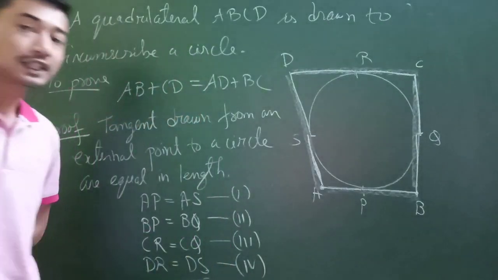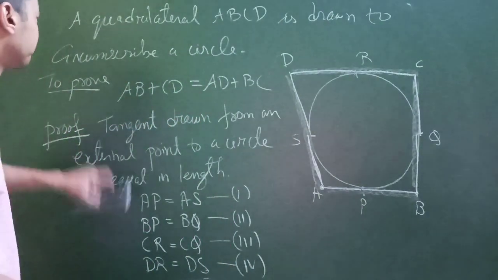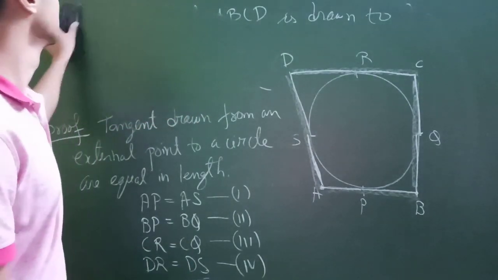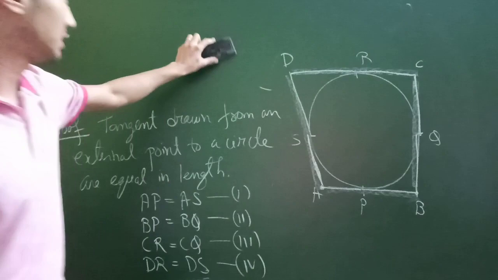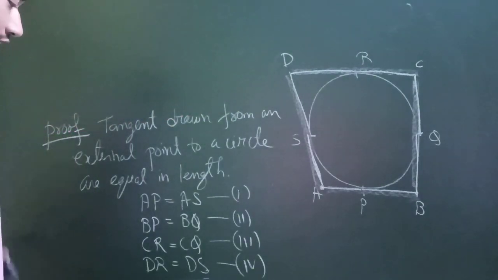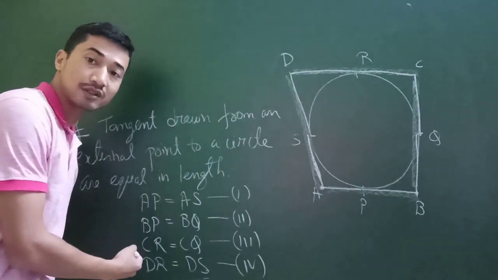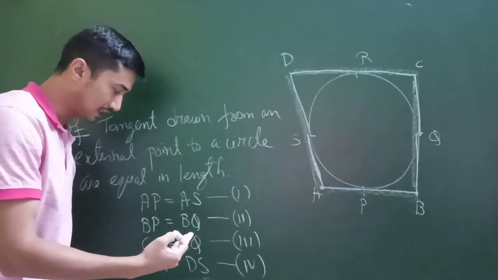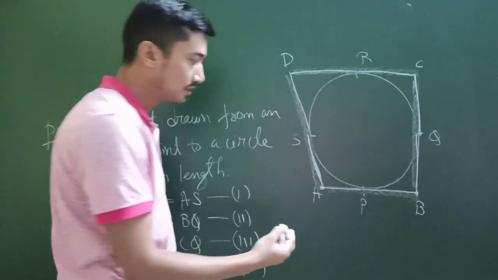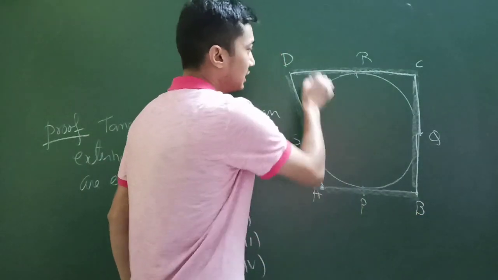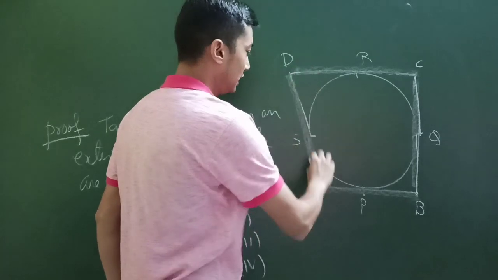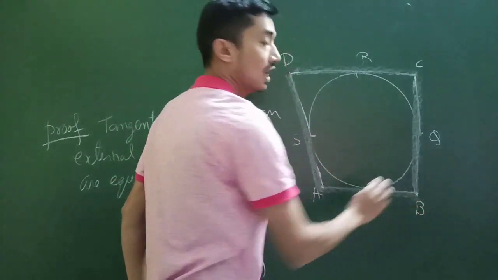Now did you notice something when I was writing these equations? I arranged and wrote them so that I do not get extra problems later on. In the proof, I had to prove that AB plus CD, one group, is equal to BC plus AD, another group.